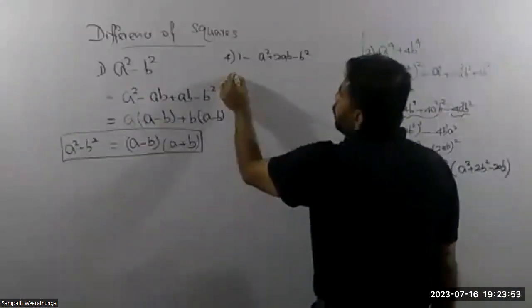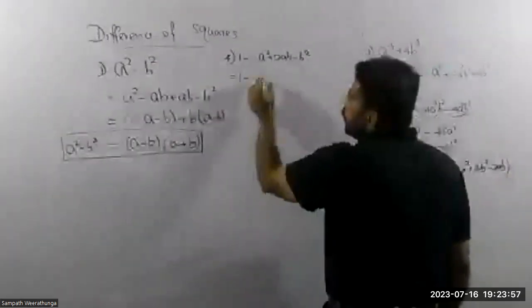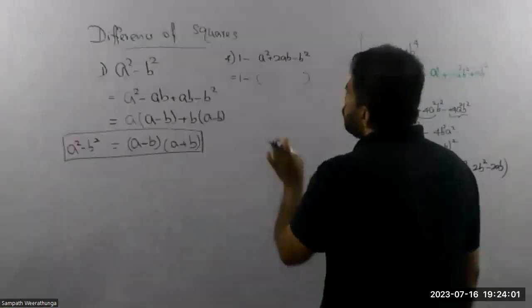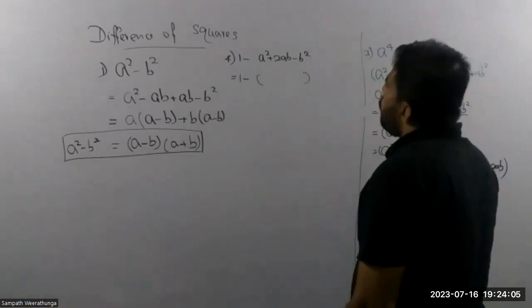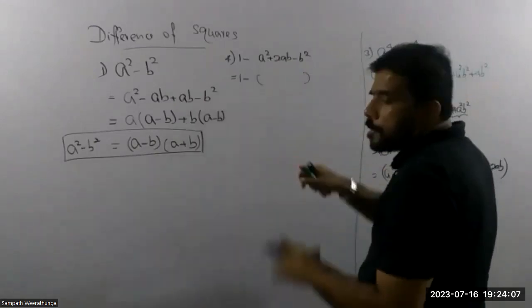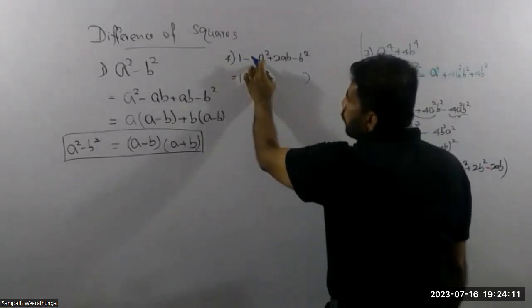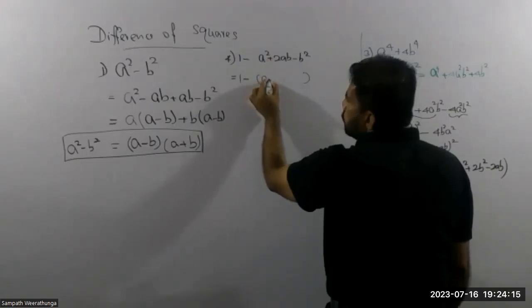I'll do a small manipulation. I'll just take minus out and keep this inside the bracket to show I'm going to deal with this whole thing separately. So I'm taking minus out. Minus out from minus a square means inside this is positive.